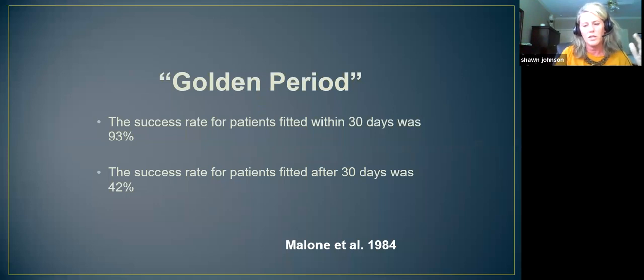So this first picture is a little surgical in nature.